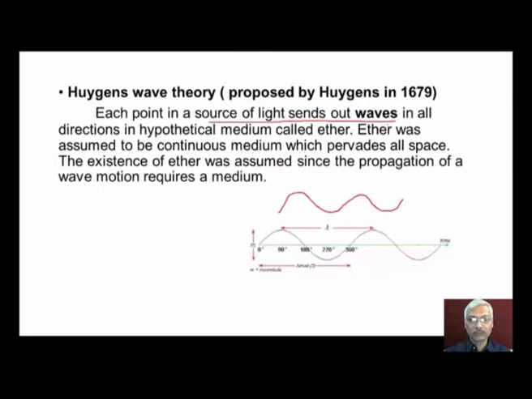It sends out waves in all directions in a hypothetical medium called ether. So for the movement of these waves, some medium is required, and ether is assumed to be the medium. Ether was assumed to be a continuous medium which pervades all space. The existence of ether was assumed since the propagation of a wave motion requires some sort of medium.